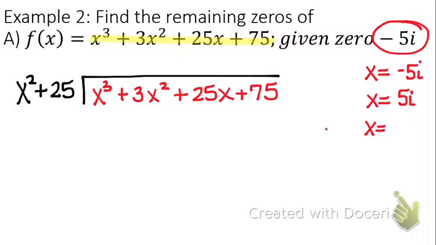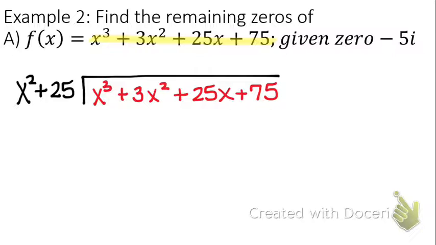And the steps would be to, let me write the steps too. The steps for long division is to divide the first term. So we did synthetic division. Now we're doing long division. Divide the first term.